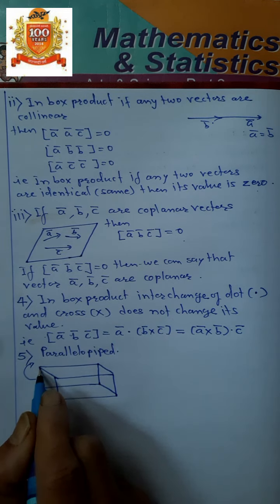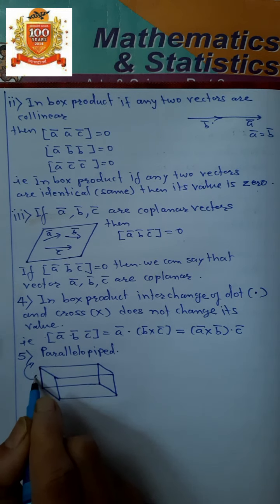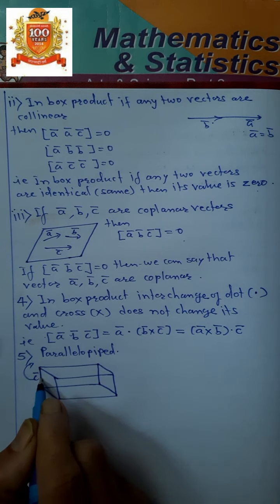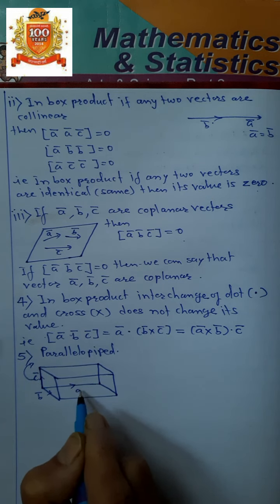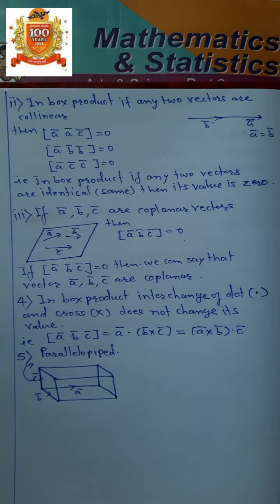Suppose this is denoted by C bar. This is C bar. This is B bar vector, and this is A bar. These are the adjacent sides.